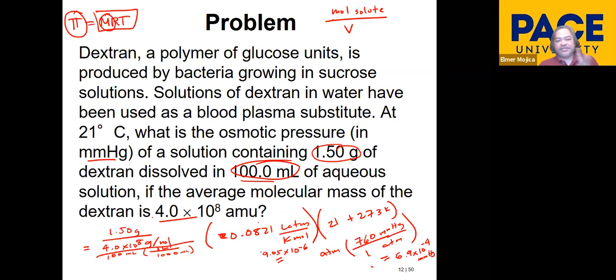So that's the answer to that question: 6.9 times 10 to the negative 4 millimeter mercury. So check.